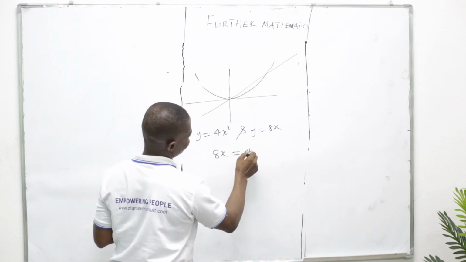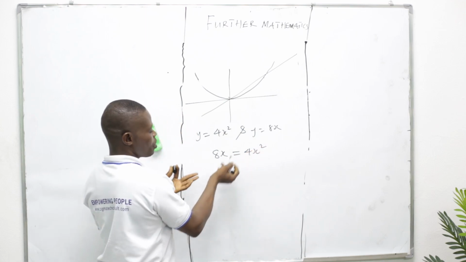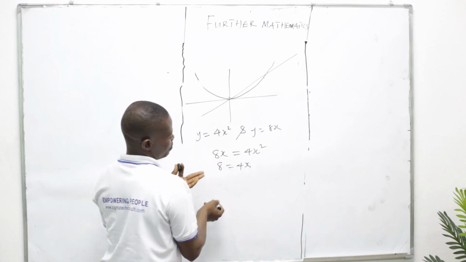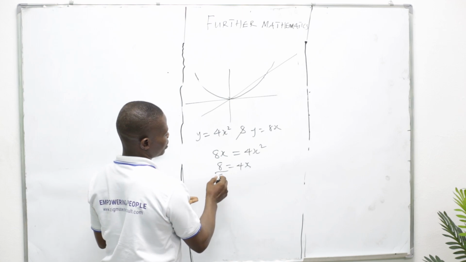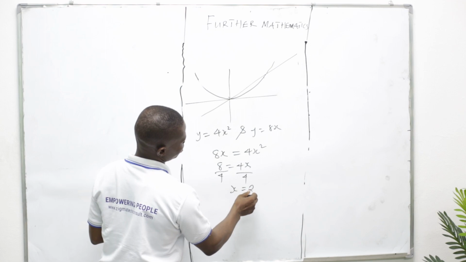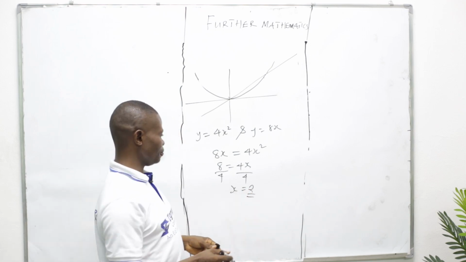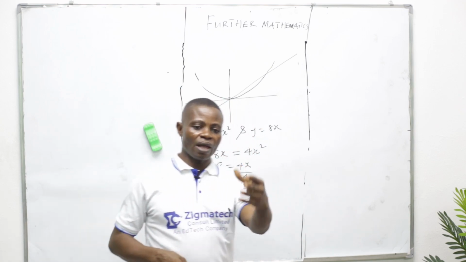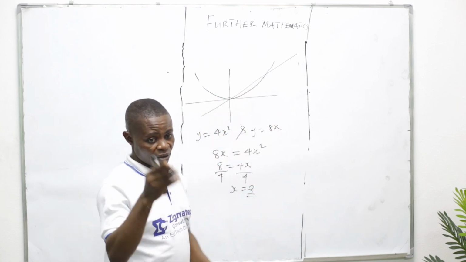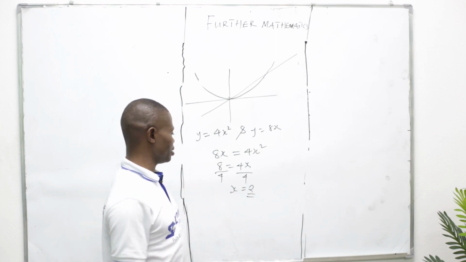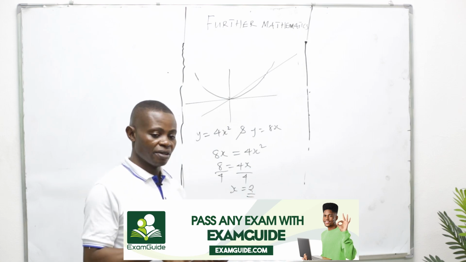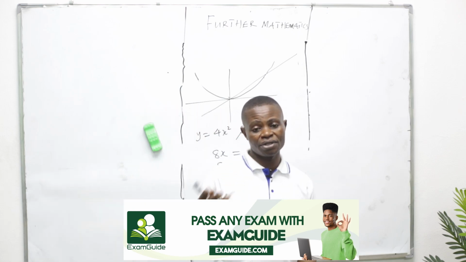8x equals 4x squared, okay? Whereby when I try to eliminate x, I will have 8 equals 4x. Then what is x? x will give me 2. Now, since I have two distinct expressions for y, 4x squared and 8x, I also have two values. If there is no x existing, it means the value of x is 0.